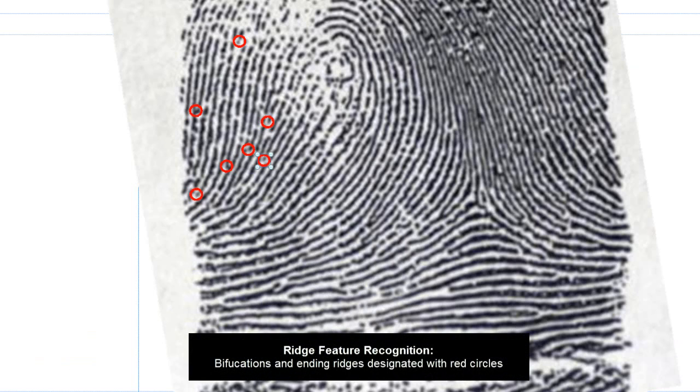I'm now going to bring in the ridge features, and I will designate them with a circle. I'm starting on the left side of the print, and I will be working my way downward and across. Each of these circles represents either an ending ridge or a bifurcation.